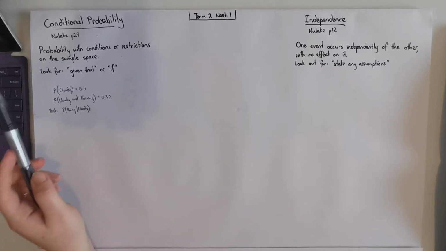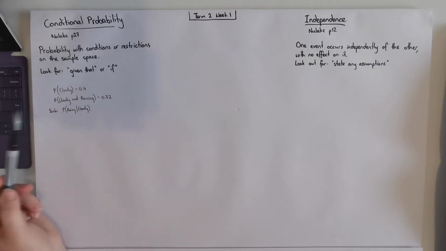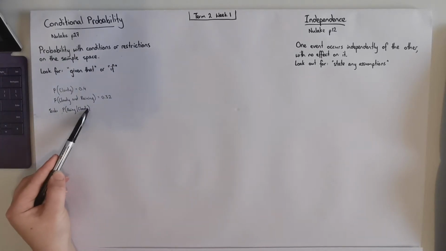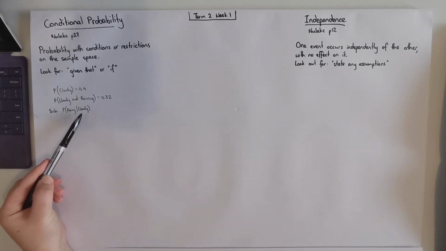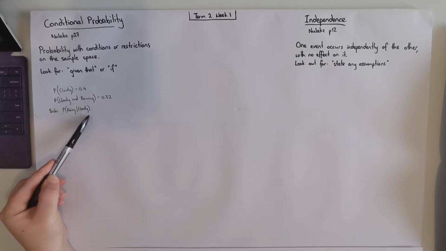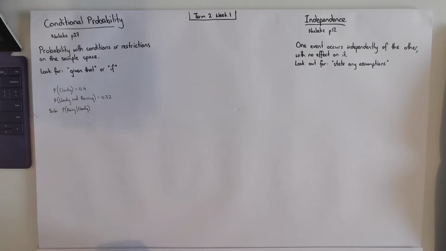So that means, again, looking at our definition of conditional probability, that it being cloudy is the condition that must be met. That's what we are restricting our sample space to. So I'm not even considering any possibilities where it's a sunny day and it's not cloudy. Anything like that. It must be cloudy for me to look any further.